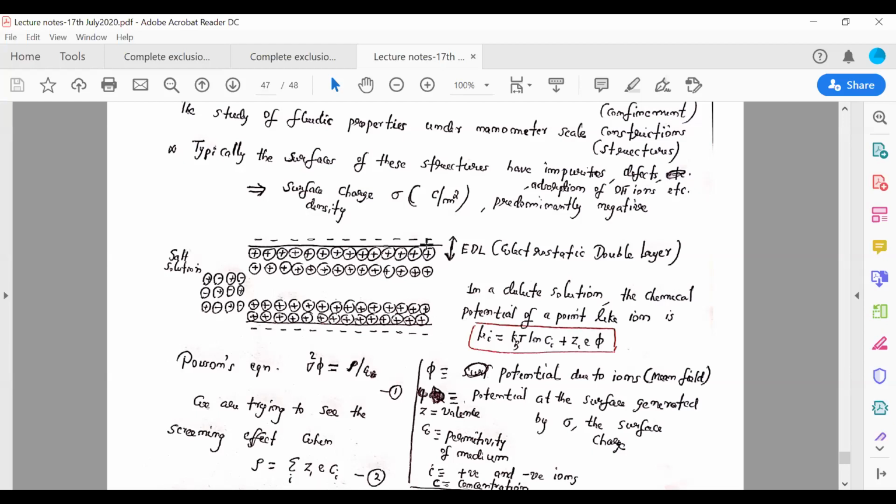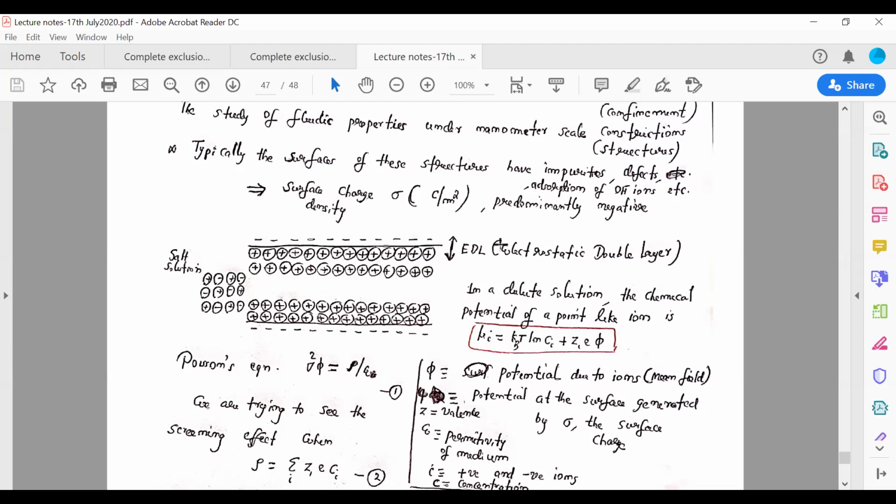Suppose you are doing some bio experiment and you want a particular molecule to be enhanced. For example, DNA is negatively charged. I'm just giving an example. You want to increase the concentration of a particular entity, and the nanochannel is one of the effective ways of doing this.